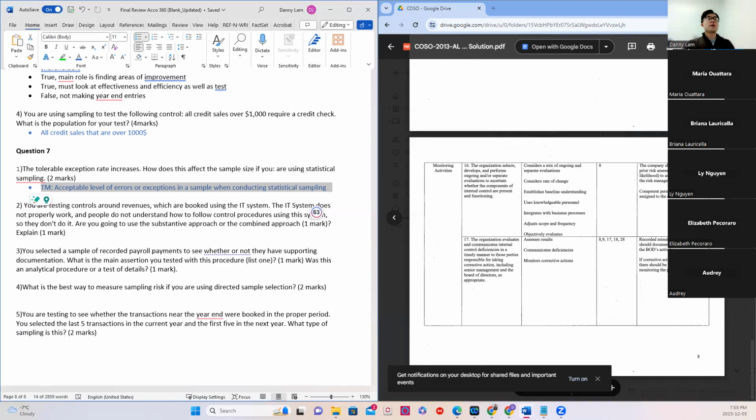I would say, the reason why you're taking a lot of samples is because you want a smaller error. Like let's say I take 10 invoices and I find a mistake. Let's say I find one mistake.